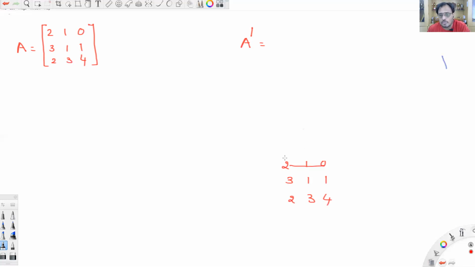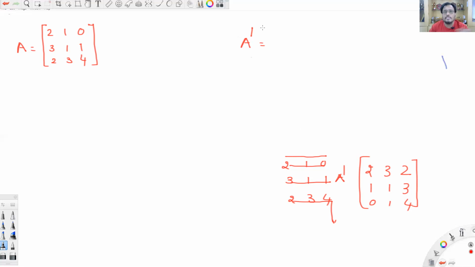Here 2 1 0 is a row, but I will write it as a column, 2 1 0. 3 1 1 is a row, but I will make it a column, 3 1 1. And 2 3 4 is a row, but I will make it a column, 2 3 4. So this is called A transpose. What is meant by A transpose? Interchanging rows into columns or columns into rows.